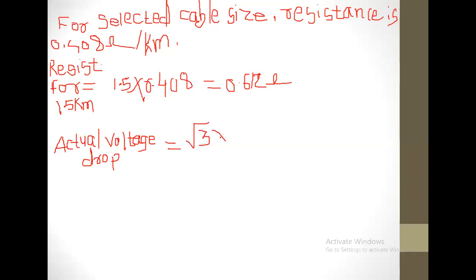Root 3 into I into R. I we are taking per phase, 10.5, multiplied by resistance 0.612.